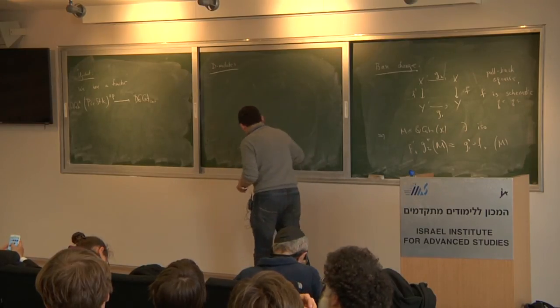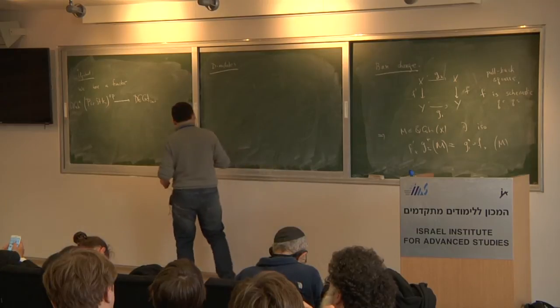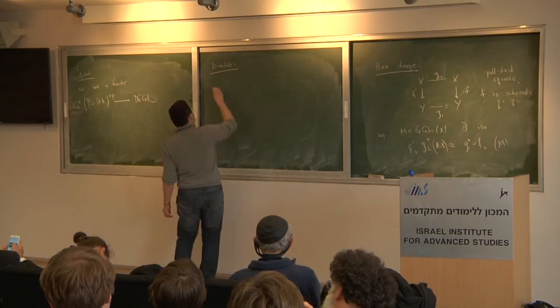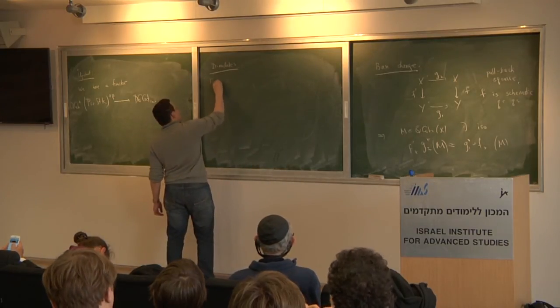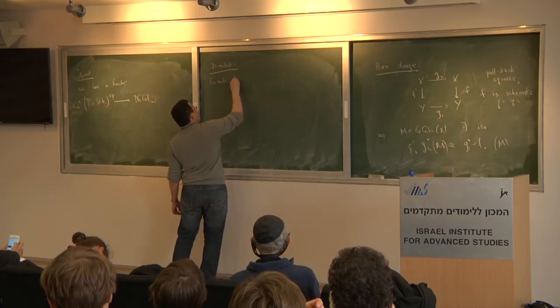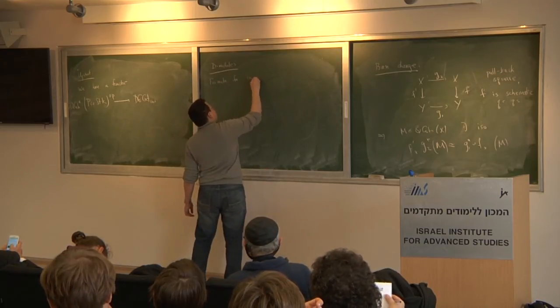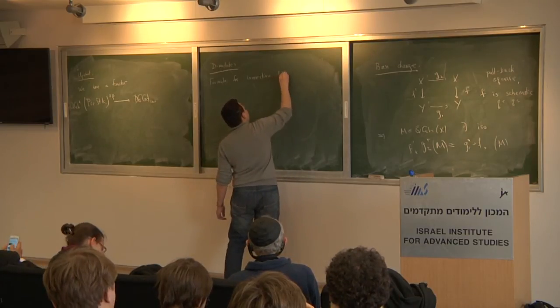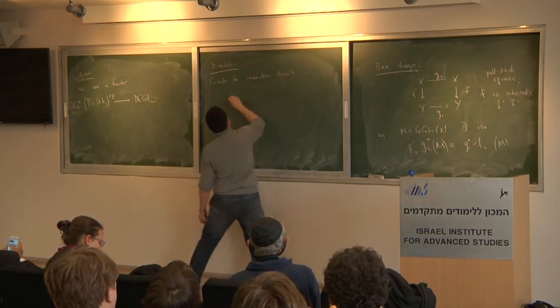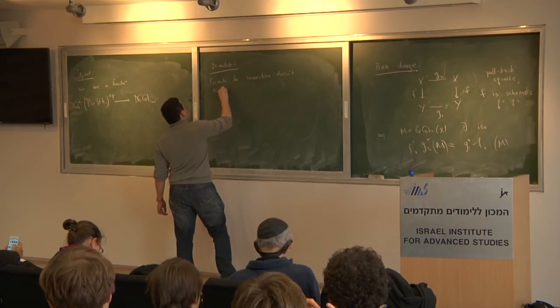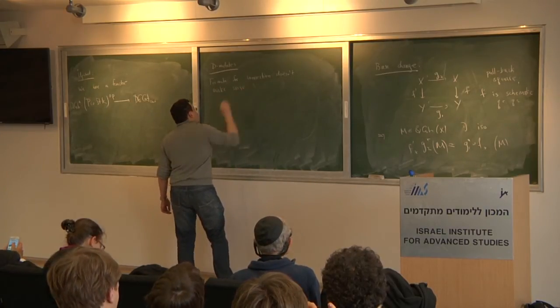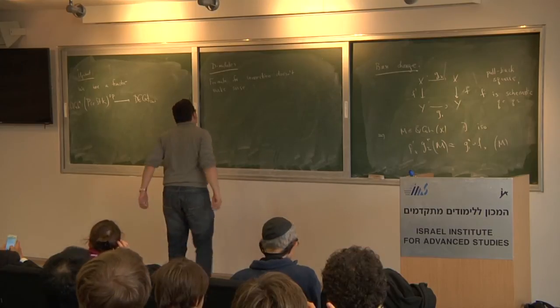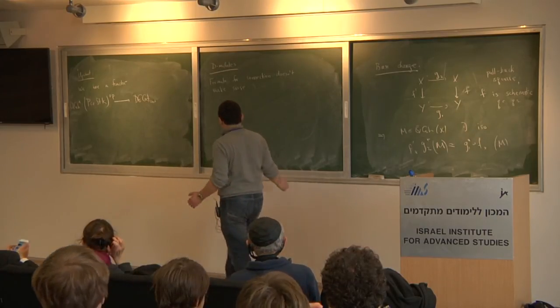So the formula for a connection doesn't make sense, and we have to do something else. We need a different idea.